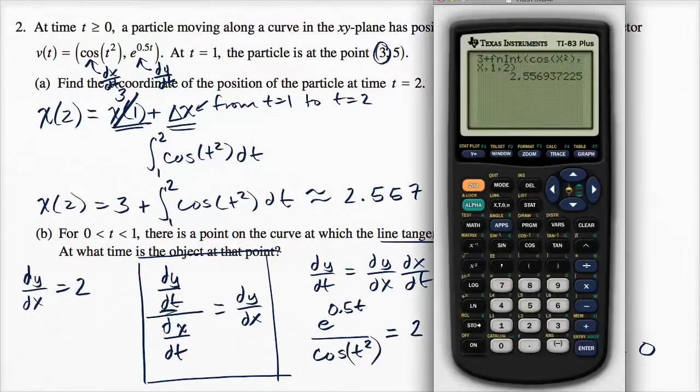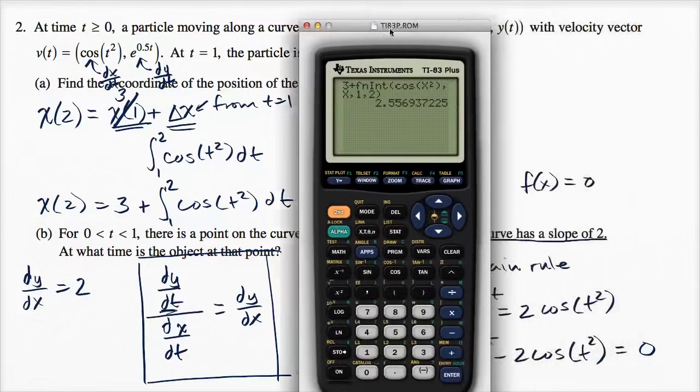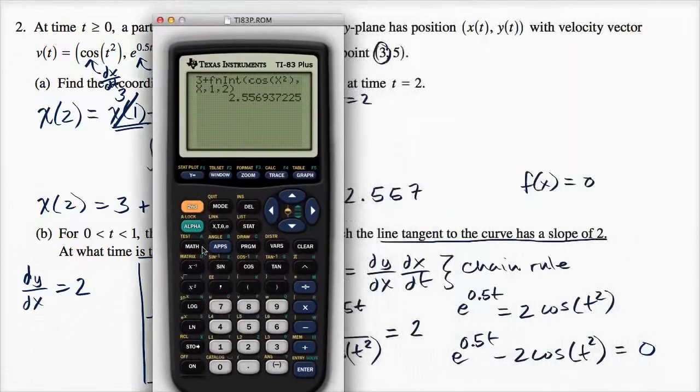So let's get the calculator out and let's go to math. Let me make sure it's on. So math, and then go all the way down to the solver. So select that. My equation is 0 is equal to e to the 0.5, and the variable that I'm going to solve for, I'm going to use x instead of t.